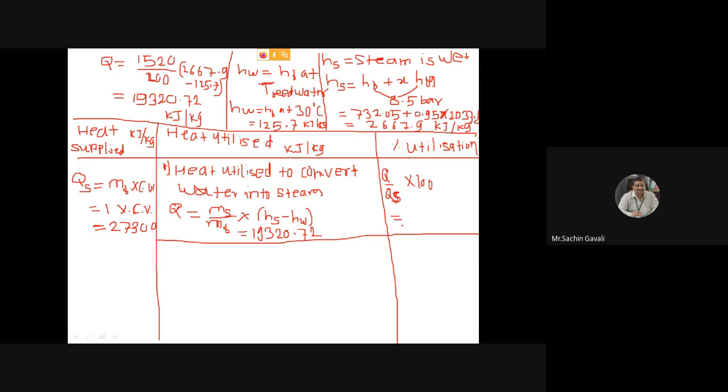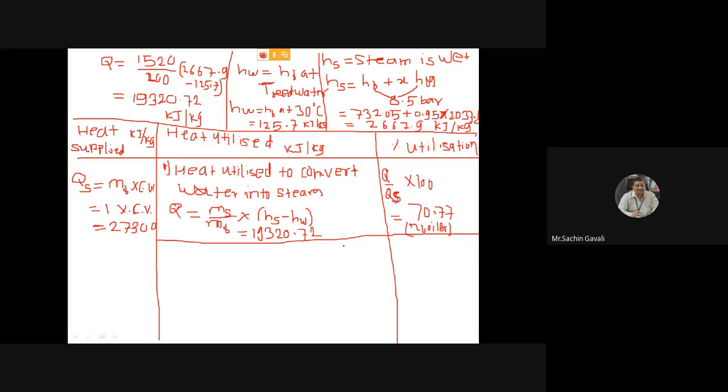Anybody? 70.77. There is no need to calculate efficiency separately. After drawing this heat balance sheet, we can consider this as the boiler efficiency. So 70.77 is the efficiency of the boiler. So first answer we got.